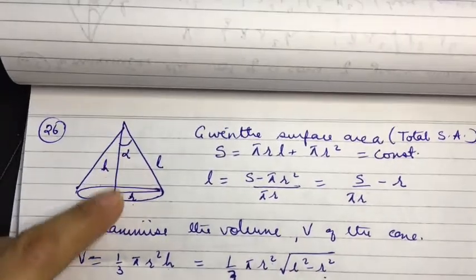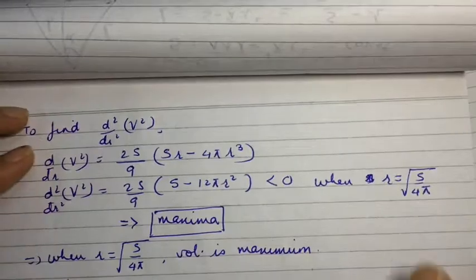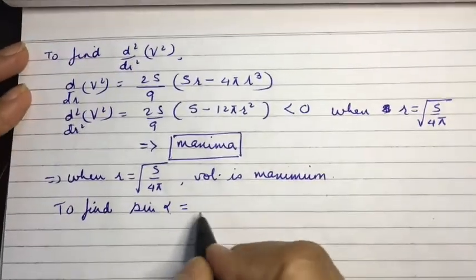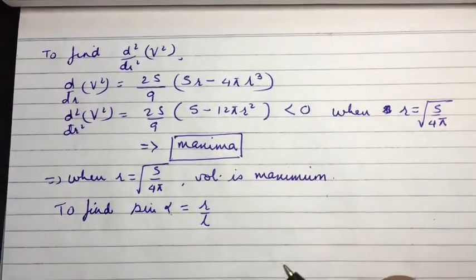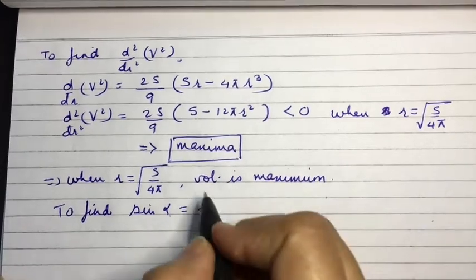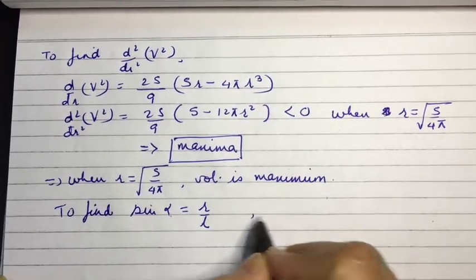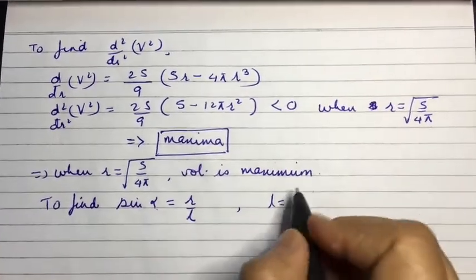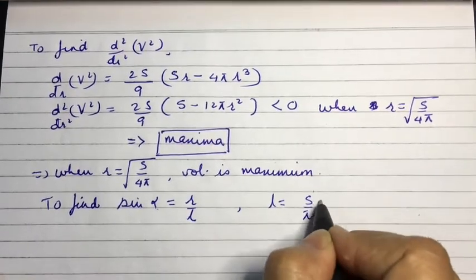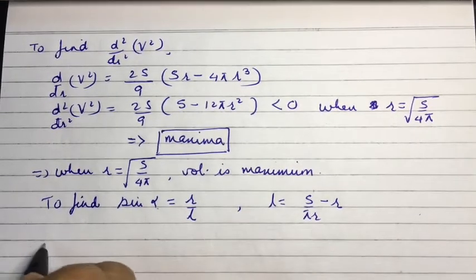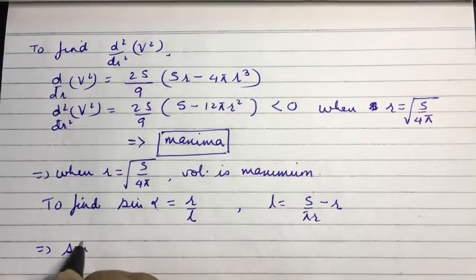So clearly from the figure we see that sine alpha is equal to r over l. So we write it as sine alpha is equal to r over l. But we know that L is equal to s over pi r minus r.